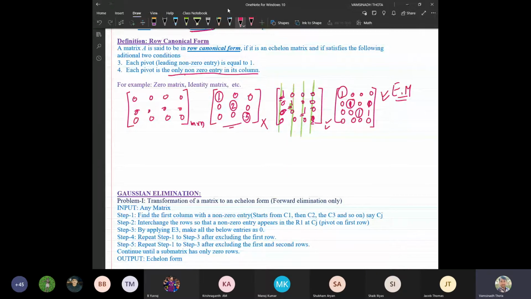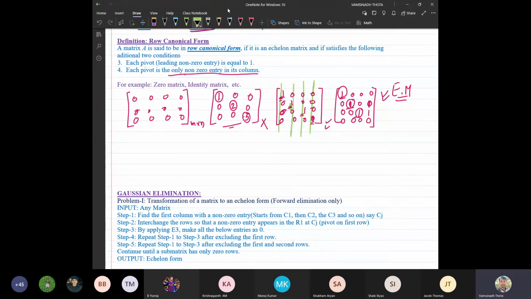Now whether it is in the row canonical form also, what are the additional conditions? Each pivot entry should be equal to 1. This is a pivot, that is equal to 1. This is also a pivot, that is equal to 1. This is also a pivot, that is equal to 1. Fine. Third condition is also satisfied. Now what about the fourth one? The fourth one is each pivot is the only non-zero entry in its column.